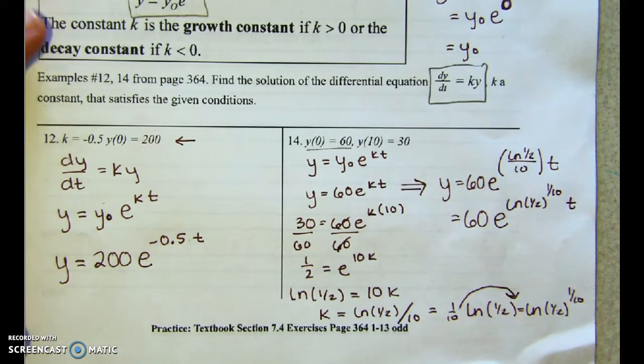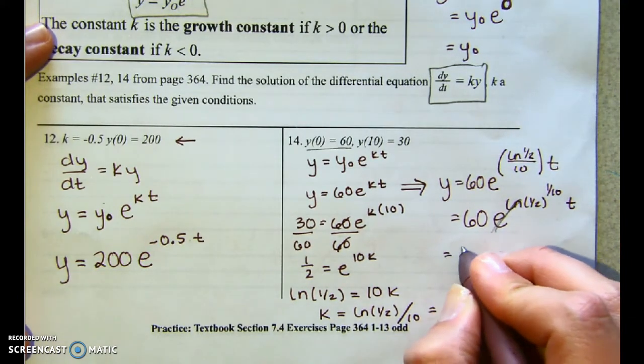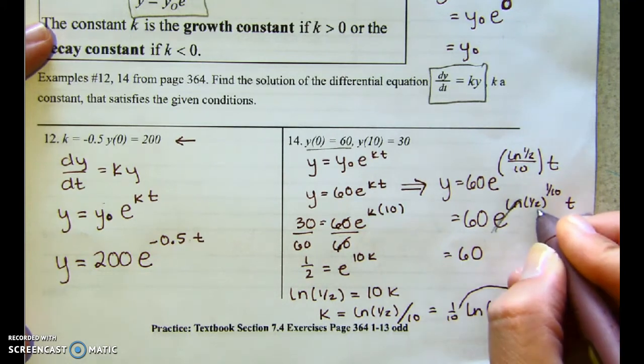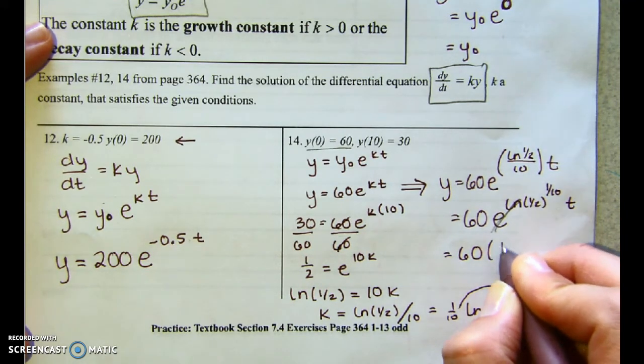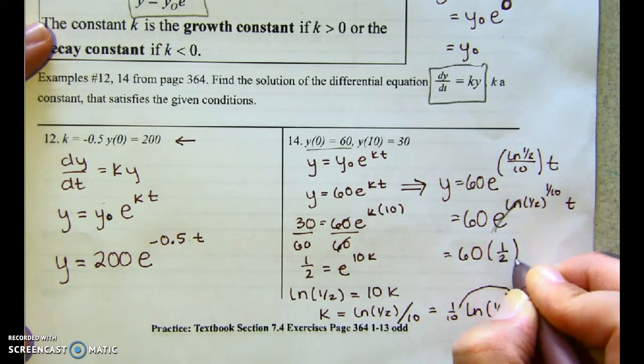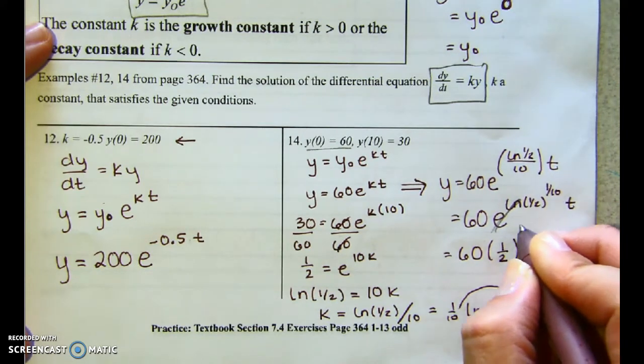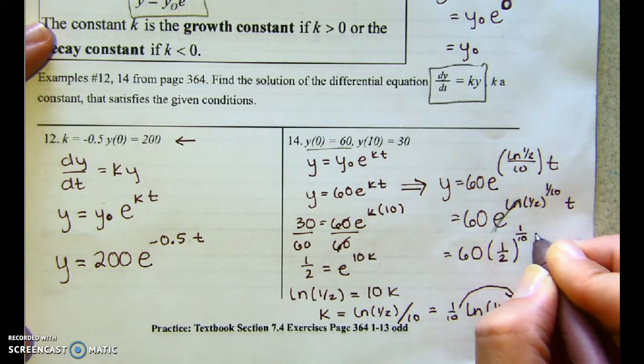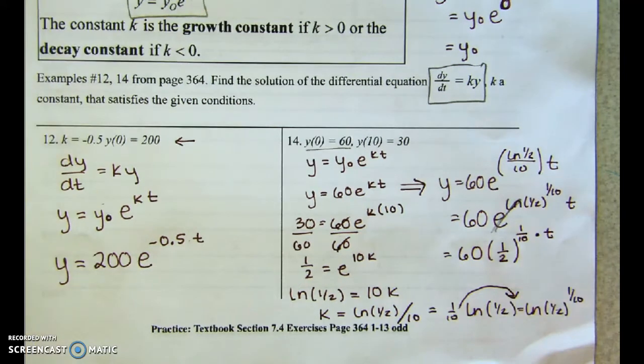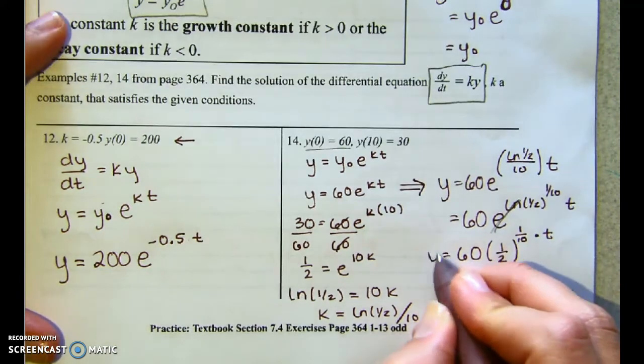The ln is touching, so you go hiya, karate chop. What does that do? That brings the 1/2 down. 1/2 is now our base to the power of 1/10 times t. The t is still up there with the 1/10. That's it. That's kind of a funny one, right?